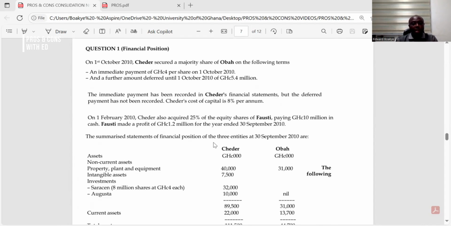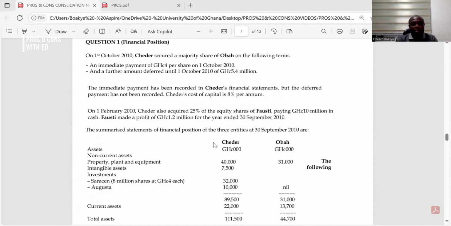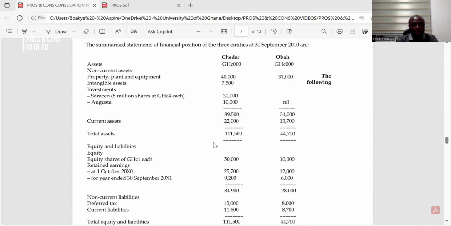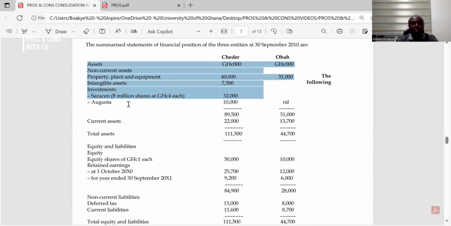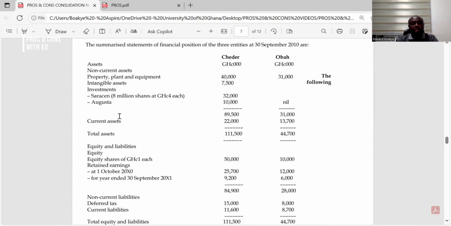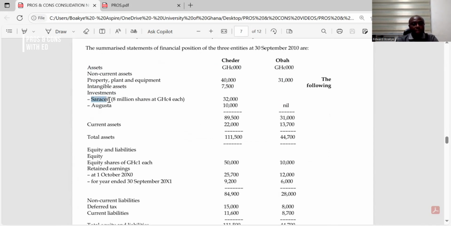That's not where our focus is. We want to get the group structure. Let's see how we are going to get it. If you look at the financial statement, this is supposed to be Cheddar and this is supposed to be Oba.